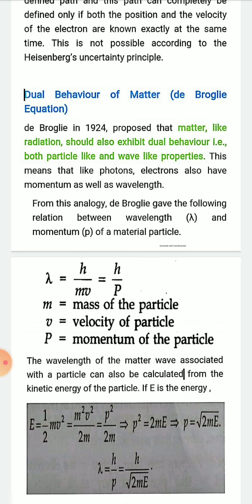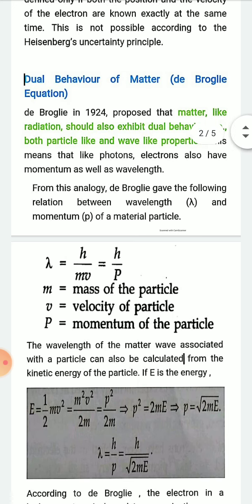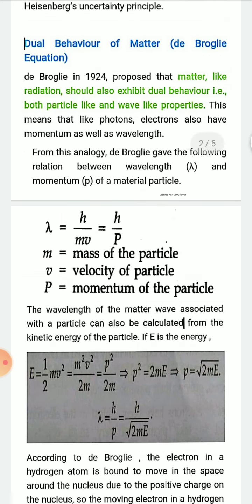I have already discussed this point. Similarly, we know that matter is generally particle in nature, but matter can also show wave nature. That is, matter like radiation should also exhibit dual behavior, both particle-like and wave-like properties.